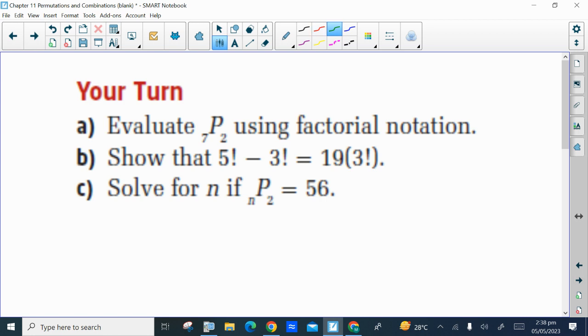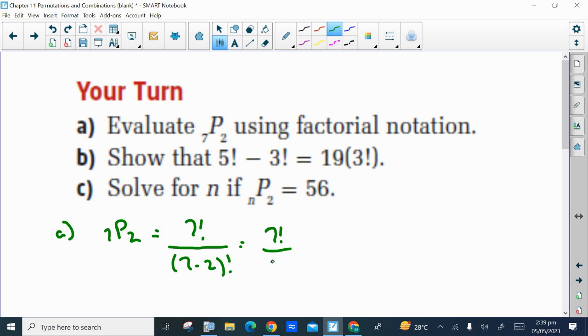We saw last class how we use our factorial notation. Basically, you're using the nPr formula, which is on the formula sheet. It's n factorial over n minus r factorial.